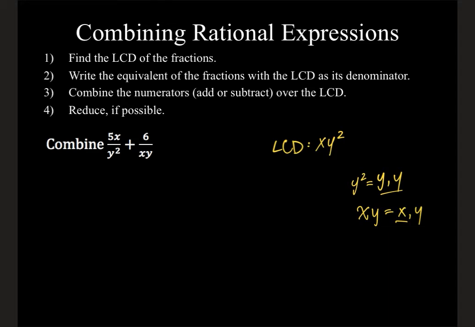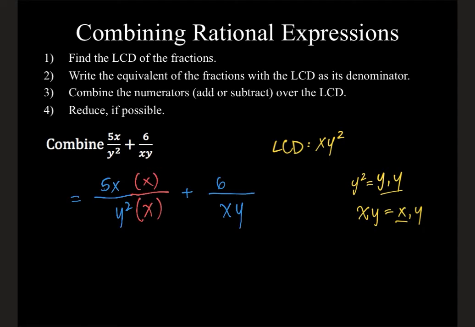So now when I write it as its equivalent with the new denominator, I want to look first at, okay, what was it beforehand? So I had 5x over y squared. My LCD is now xy squared, so I'm going to multiply this now by x to get there, right? So whatever I do to the bottom, I need to multiply to the top, x over x, plus 6 over xy.